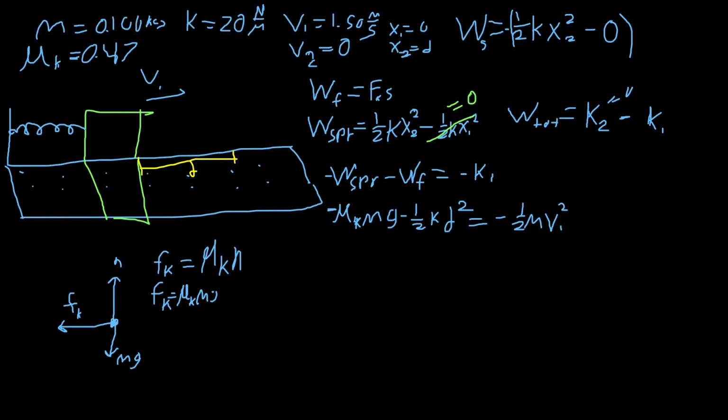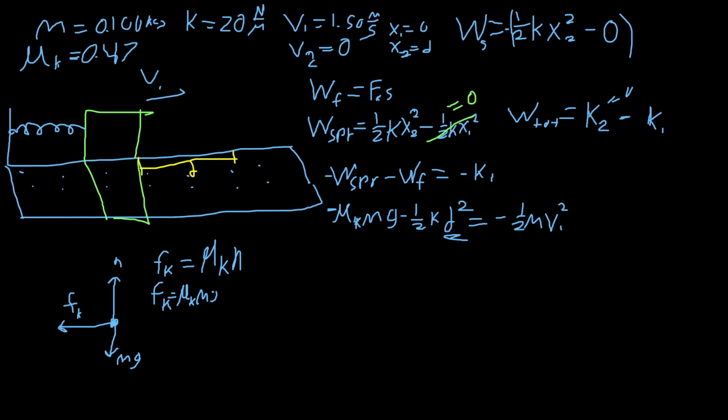And now let's try to solve for d. We can get them on one side. But I think we're missing something here. If I can recall, yeah, I see it now. So this is just a force, but work is defined as a force times a displacement.